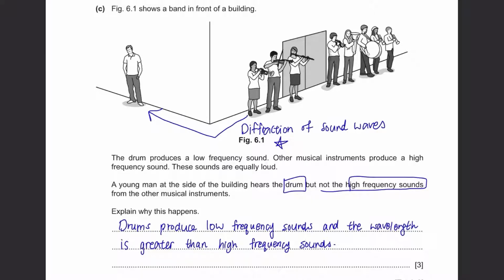And if the wavelength is greater, there will be more diffraction of sound, and the person will be able to hear it from a distance. But since high-frequency sounds have smaller wavelength, they will not diffract and won't be heard.